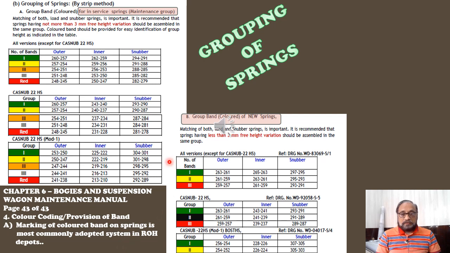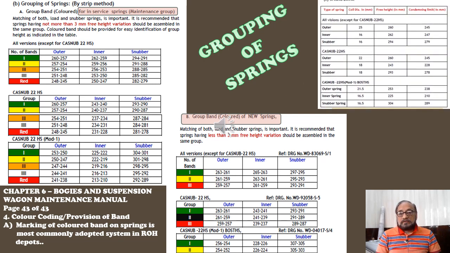So sometimes when a wagon comes out of a POH or ROH, we find that springs are given 1, 2, 3 bands of different type of paint color. So that signifies the group of the springs. So in a particular trolley, all springs should have the same paint marking so as to ensure that the springs belong to the same group of free height variations.